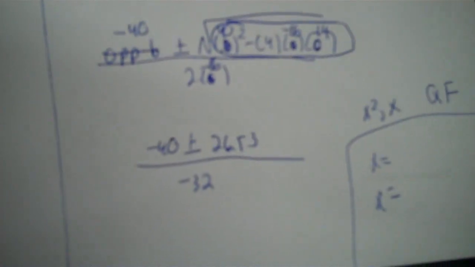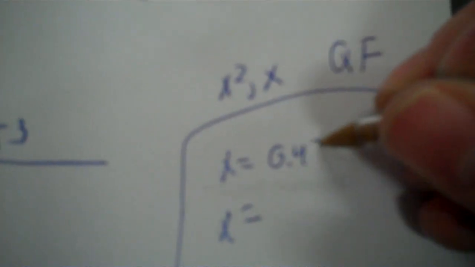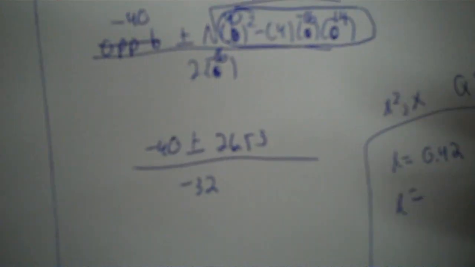So 26.53. I take negative 40, add 26.53, click equals, then divide by negative 32, 0.42. Then I take negative 40 and subtract 26.53, click equals, divide by negative 32, that's 2.08.